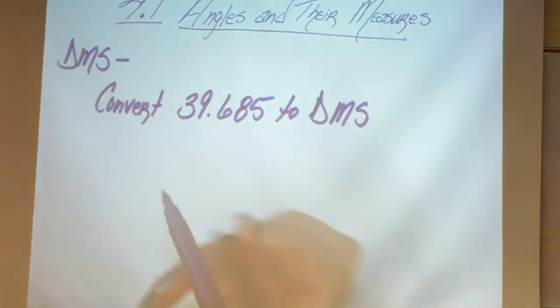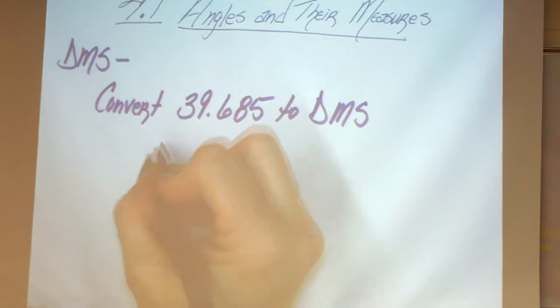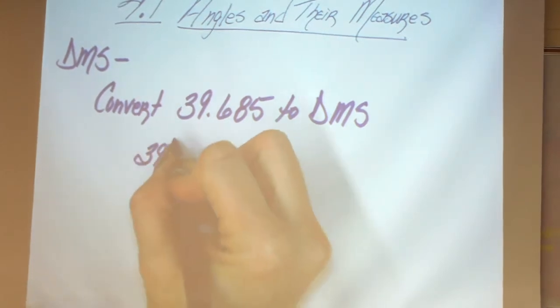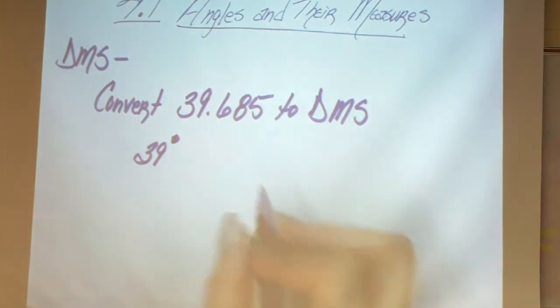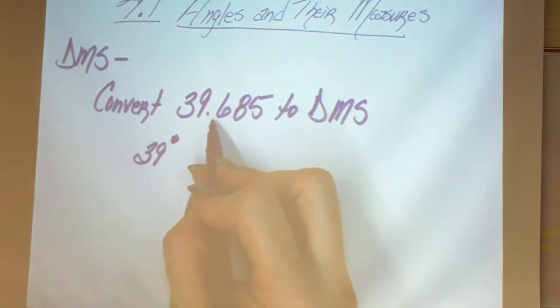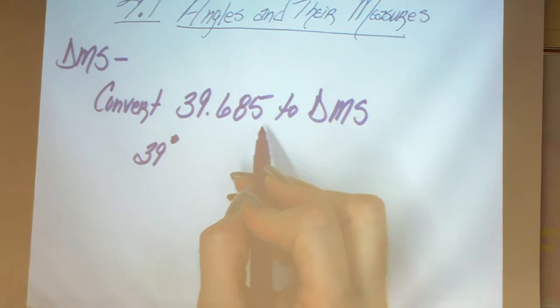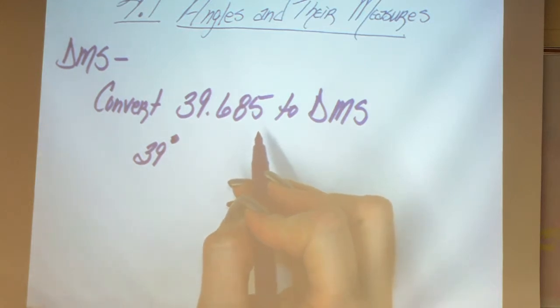Okay, to do this, we know that it's going to be 39 degrees. So we're not worried with the degree part. But we're going to take the fractional portion, the 0.685, and we're going to convert that into minutes and seconds.